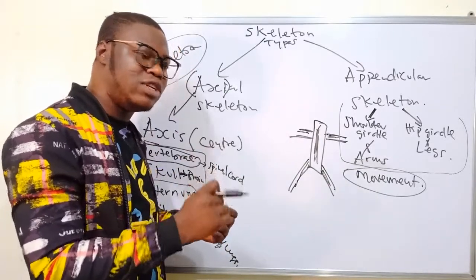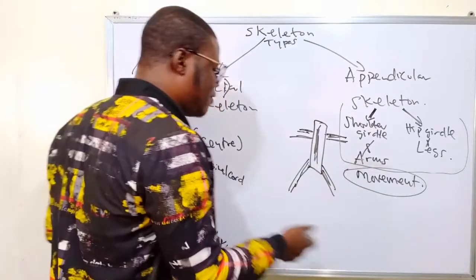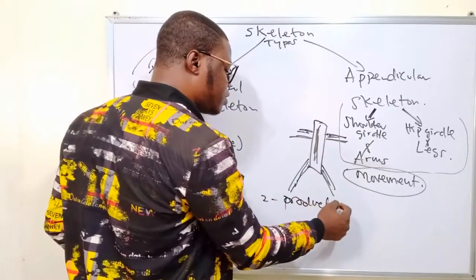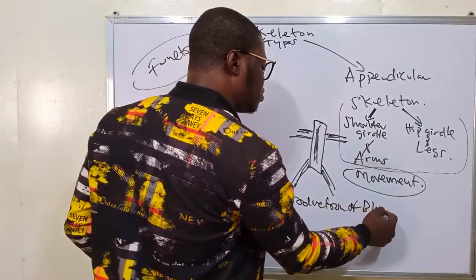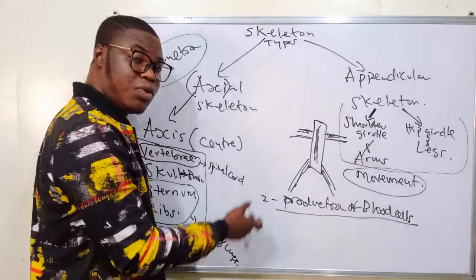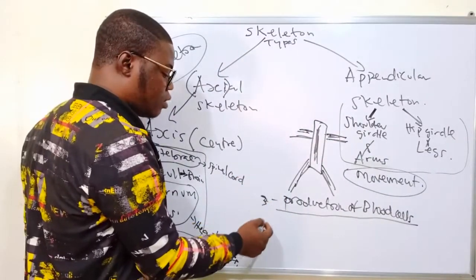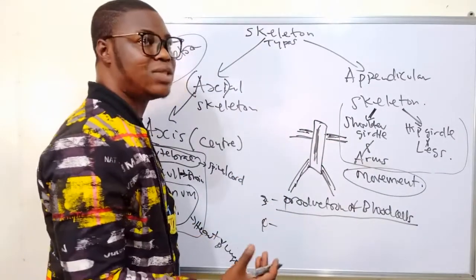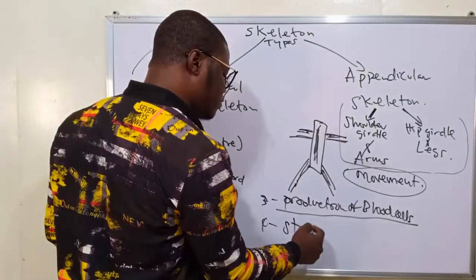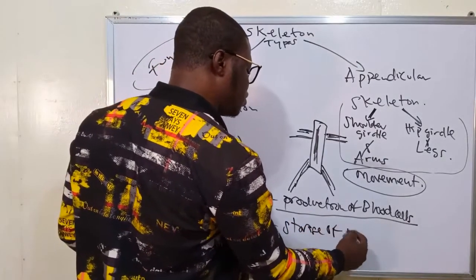The function of the bone marrow is production of red blood cells, so another function of bone is production of blood cells. If you don't understand this, go and watch our previous video. Now four: you have yellow bone marrow, and its function is to store fat, so storage of fat is one of the functions of bones.